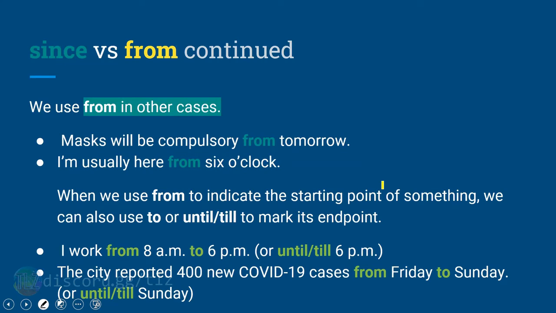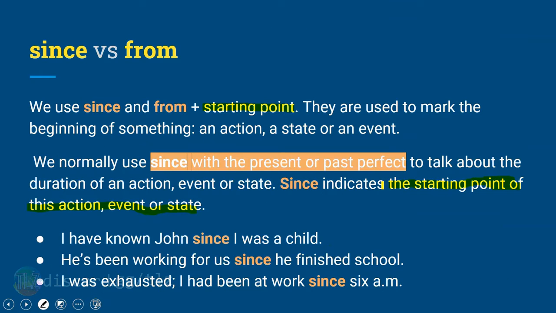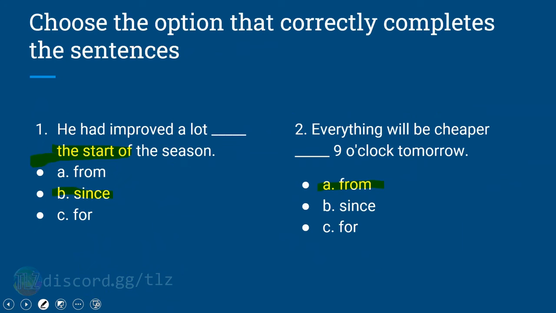It's kind of like the starting point of something, but it's not with the present or past perfect tense. And again, you ask the question, when did he improve, or when did he show improvement? He had improved a lot from the start of the season.